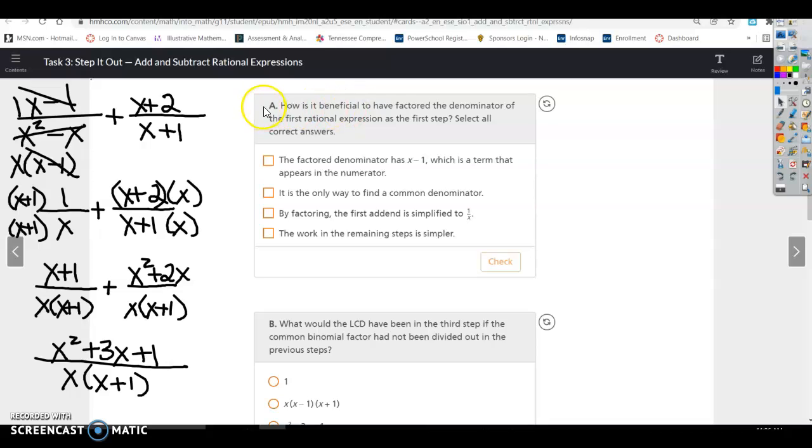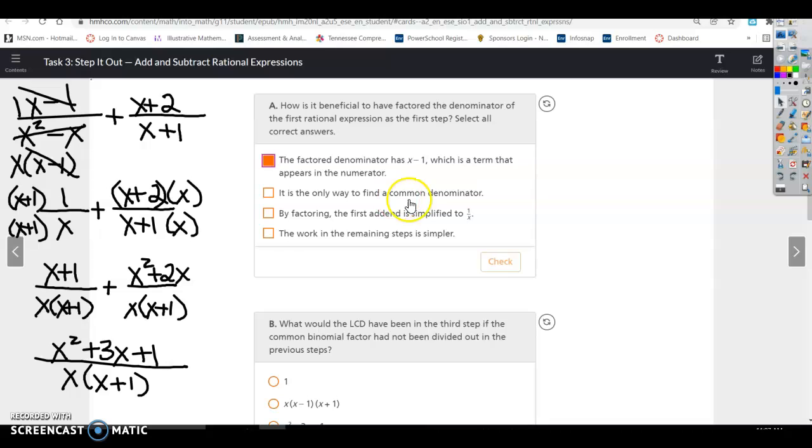All right, how is it beneficial to have factored the denominator of the first rational expression as the first step? Select all correct answers. All right, so by factoring this first, it also allowed us to reduce. So the factored denominator has an x minus 1, which is a term that appears in the numerator. That is correct.